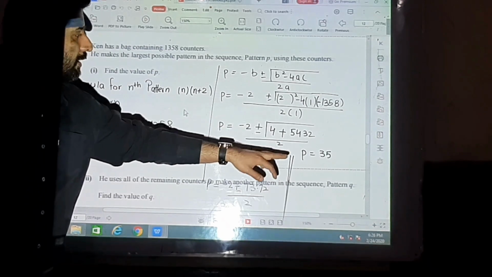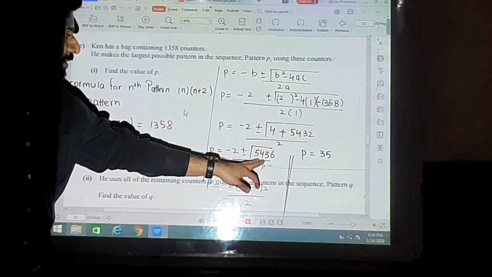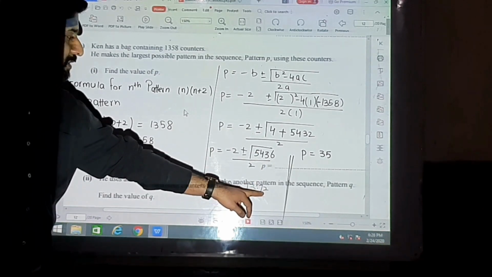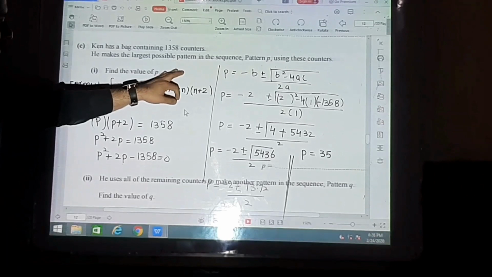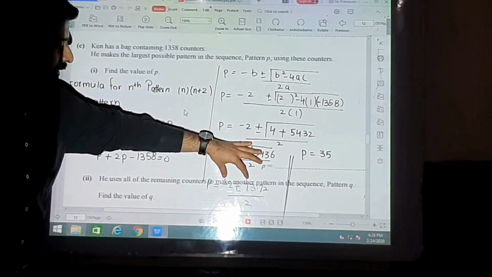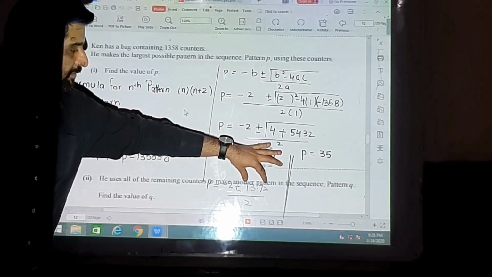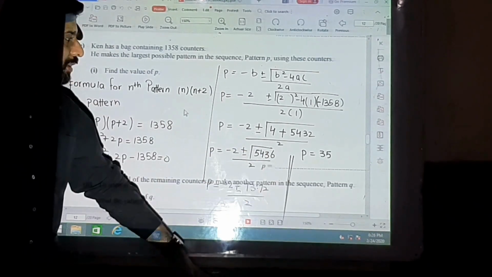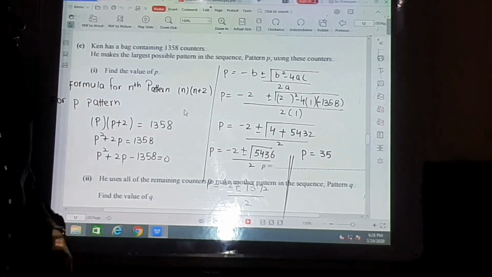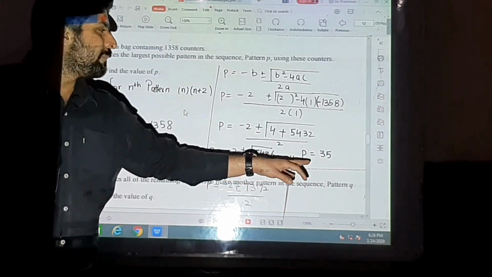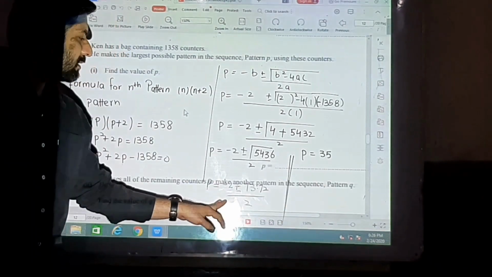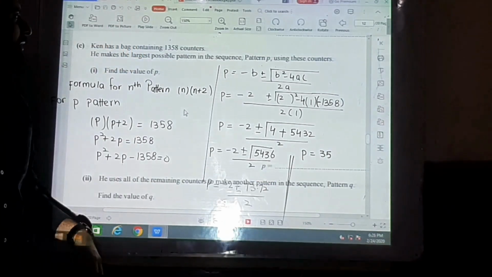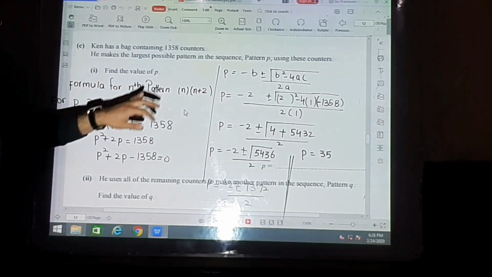Solving this you will get 5436 under the square root, and taking the square root you will get 73.72. For a pattern you will consider the positive value. So minus 2 plus 73.72 divided by 2 will give you P, and rounded off it will be 35. However, the answer shown is 30 point something. So you will consider P equal to 35, and that is the value of P.